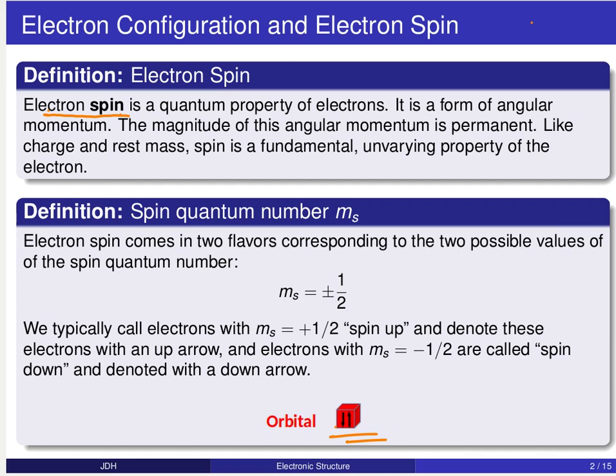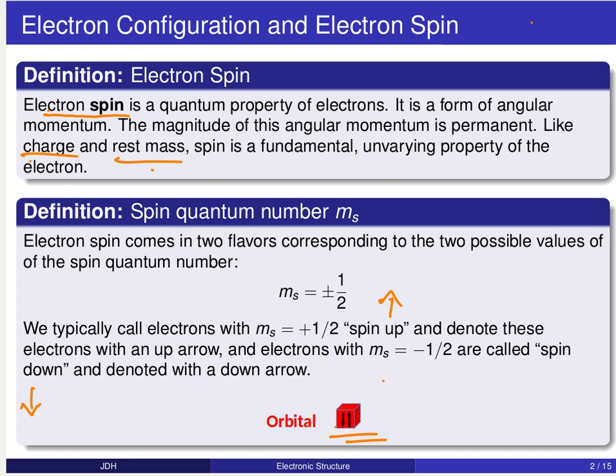And basically, spin is a permanent property of electrons, just like charge, or just like the mass of that electron, and it does not change. Okay? And there's two different types of spin. Just like there's two different types of charge, positive or negative, there's two different flavors of spin. And we denote these by spin up with an up arrow right here, and spin down with a down arrow.